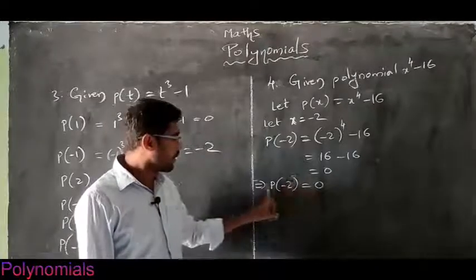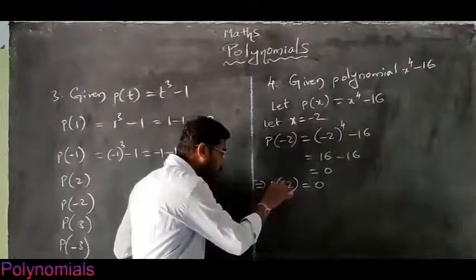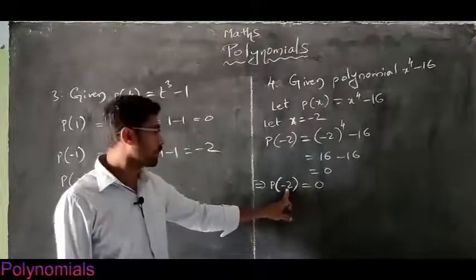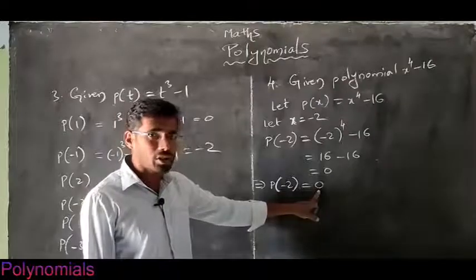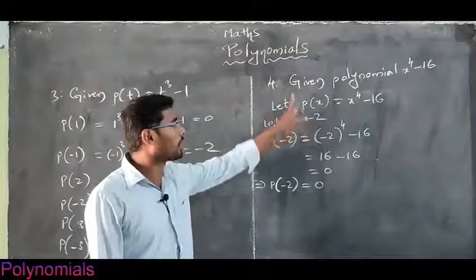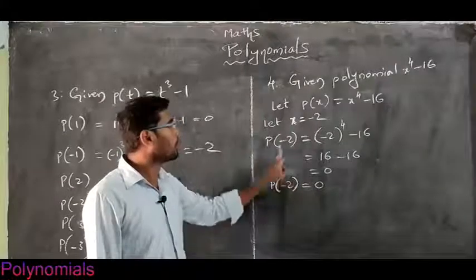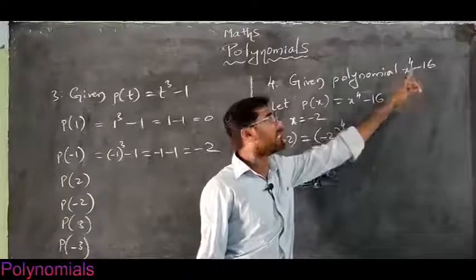Once again, one polynomial is there. Observe properly: whatever is in the brackets, that value you are substituting. If you substitute x equals minus 2, its value is becoming 0. So minus 2 we call the zero of the polynomial. P of x equals x to the power of 4 minus 16.